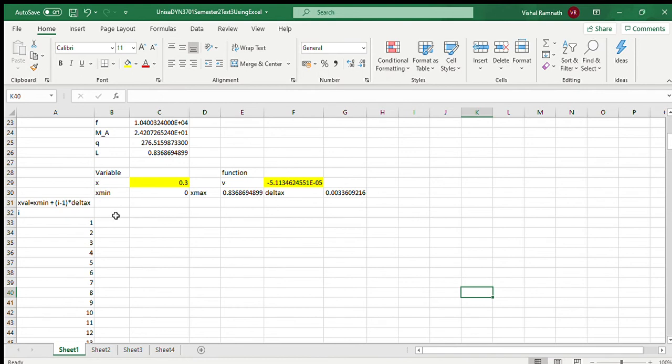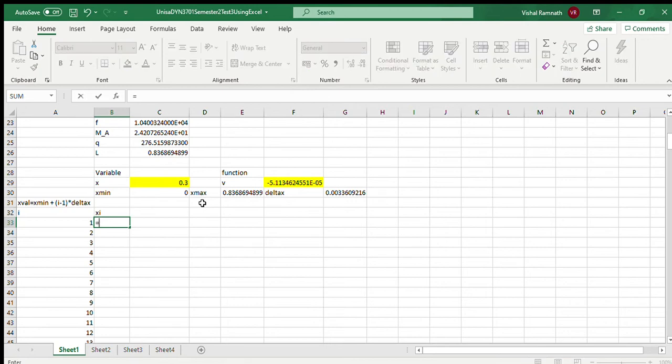Okay, so this is the I, this is x for a particular I. So this is going to equal the minimum, which in this case is the constant in cell C30. So this would be $C$30 plus open bracket the I, which is on the other side, minus 1 times the delta x, which would be $G30, enter.